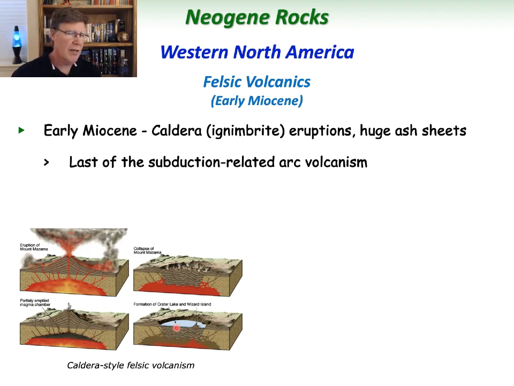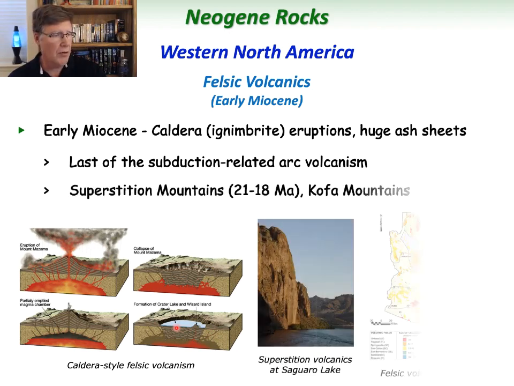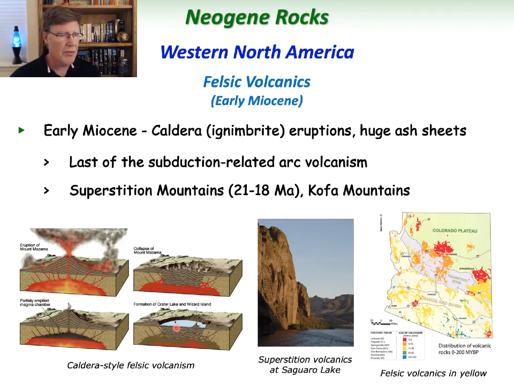This would represent kind of the last of the subduction-related volcanism, at least in Arizona. The Superstition Mountains off to the east of Phoenix represent this kind of volcanism. This occurred over a span of a few million years, from about 21 to 18 million.